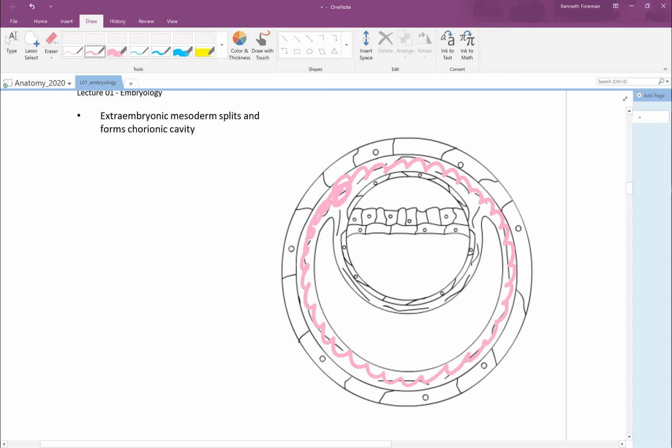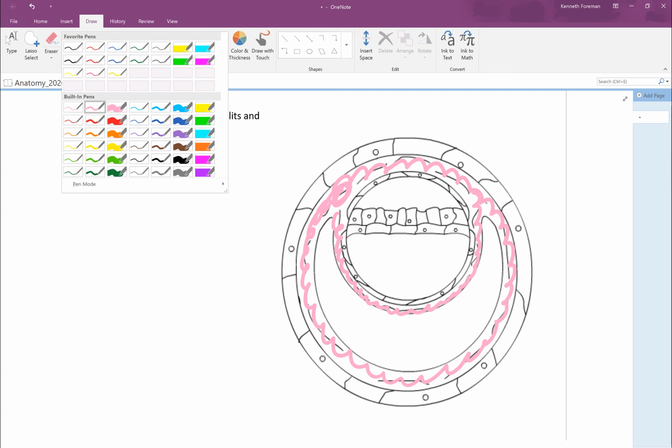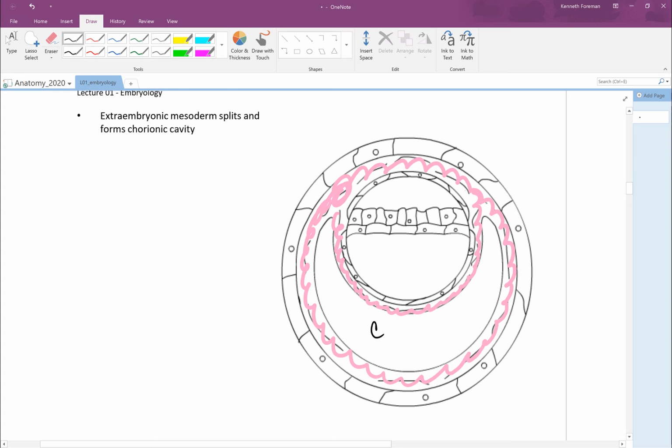And that extra embryonic mesoderm actually splits, and that's what I'm drawing here. And it forms the chorionic cavity. So now we have three cavities. We have the chorionic cavity, we have the yolk sac, and we have the amniotic cavity.